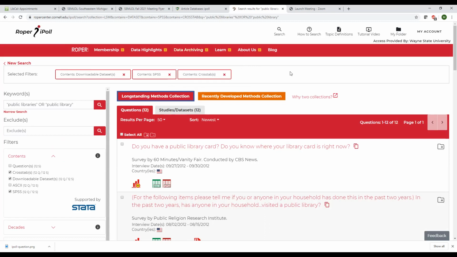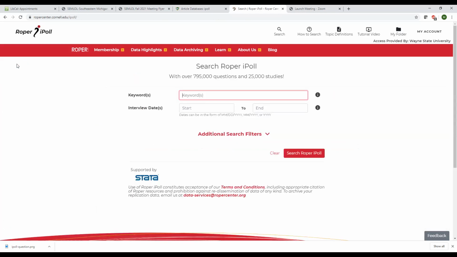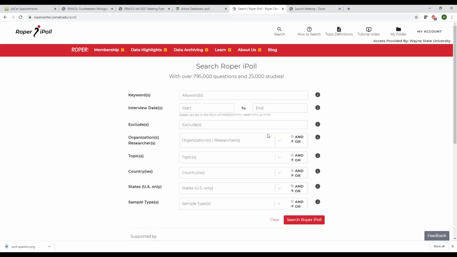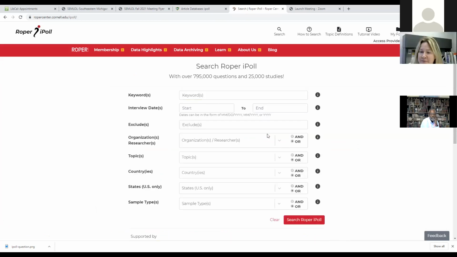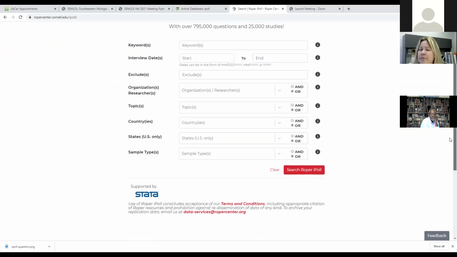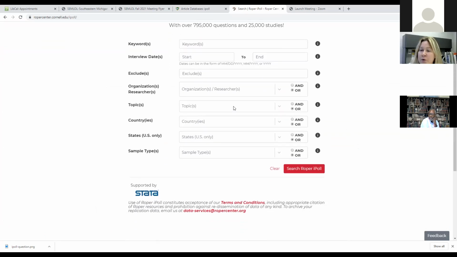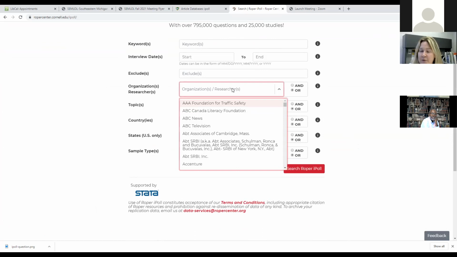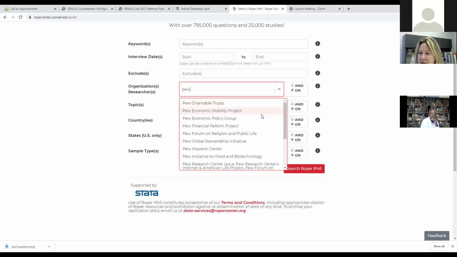All right, I'm gonna continue with my demos here. I'm gonna clear, I'm gonna do a new search, and let's do this. Let's look at this feature, the additional search features. This is kind of like advanced search. And in this, let's say we really wanted to say, you know what, I really want to look at Pew.